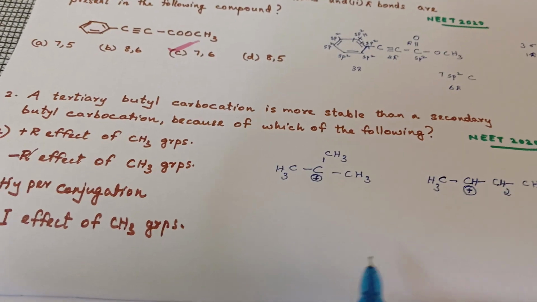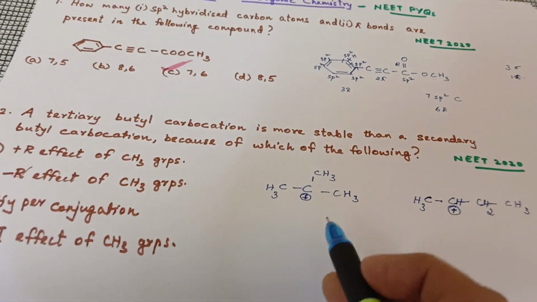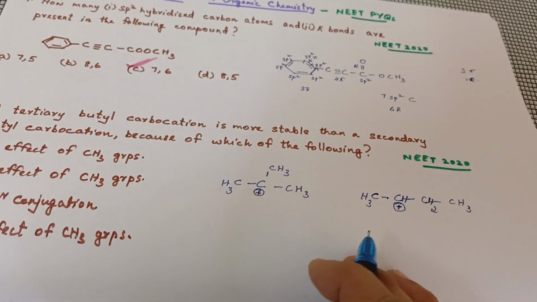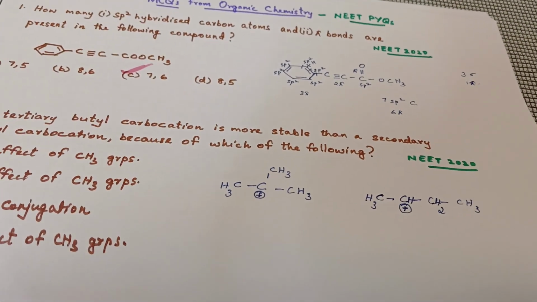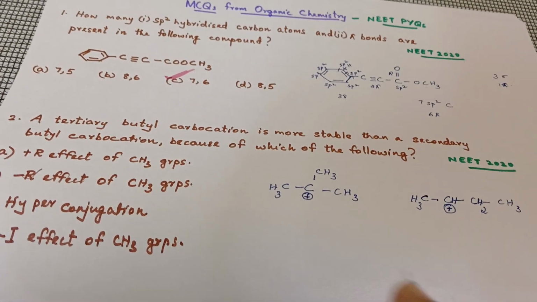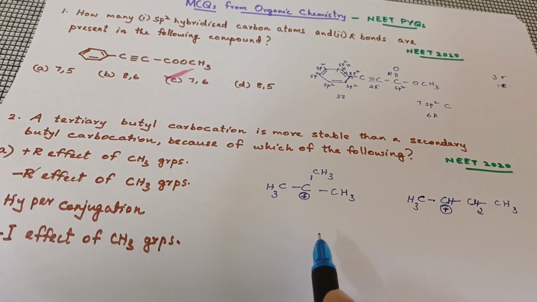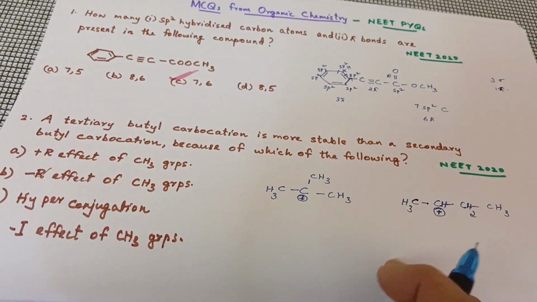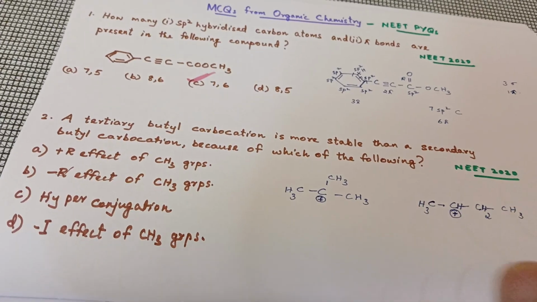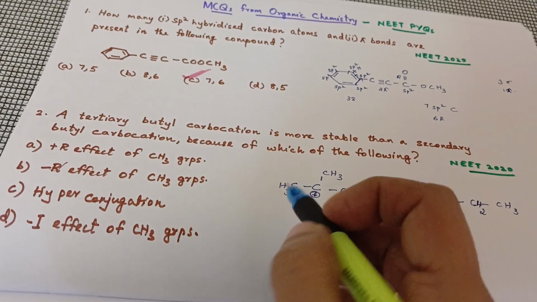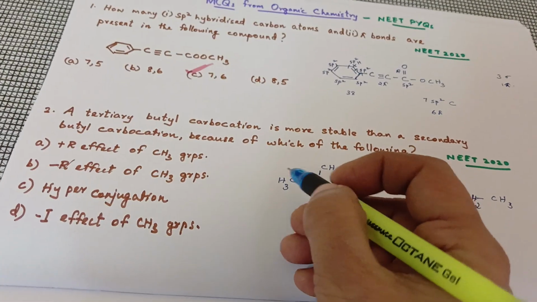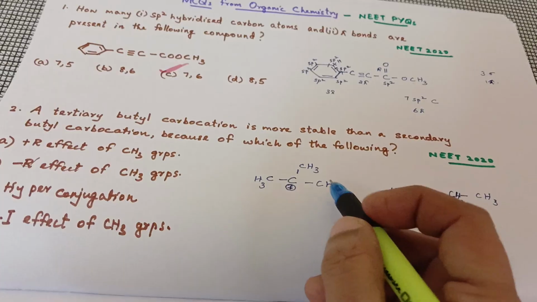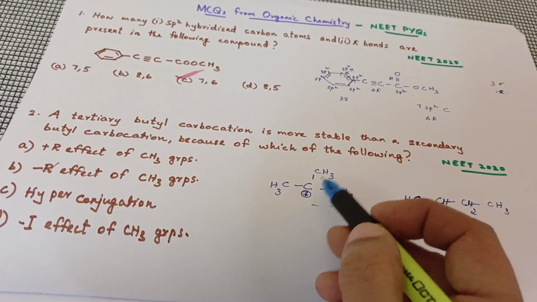It is the number of alpha hydrogens, which will increase the stability. The more the number of alpha hydrogens, there will be more hyperconjugation. That is, since this is a positive charge on this carbon, there is an empty orbital. So to the vacant orbital, one hydrogen can go away as a proton and a bond can form here. So such possibility exists as there are so many alpha hydrogens.